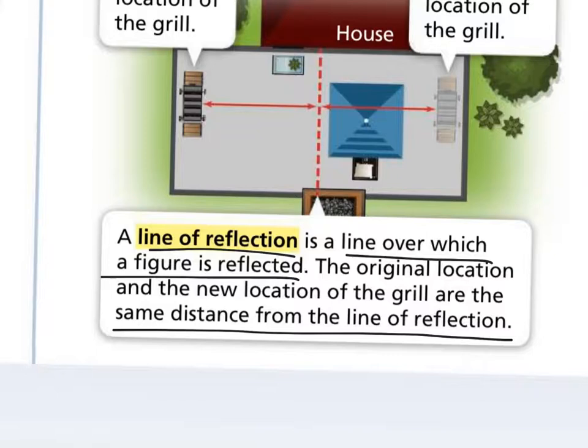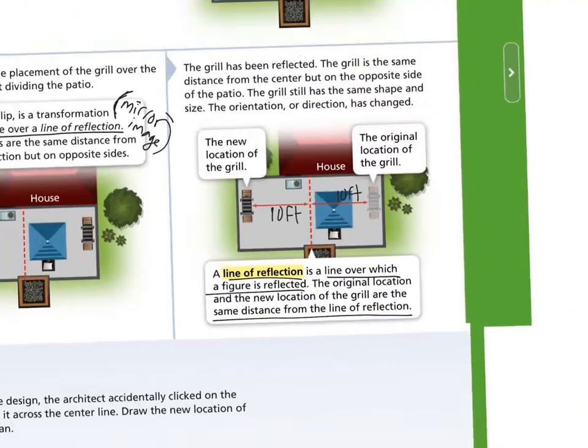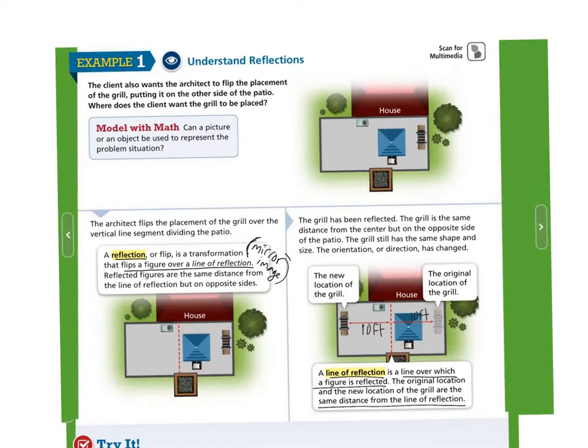In other words, if this was 10 feet here, and we reflect it across the line of symmetry, as they sometimes call it, or the line of reflection, it's still going to be 10 feet away. So you can see what they did in example 1. They're flipping the placement of the grill to put it on the other side of the patio.